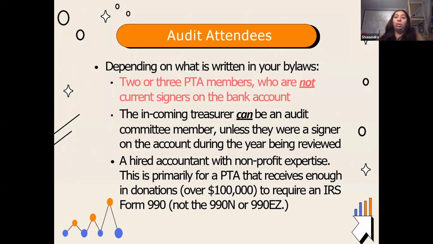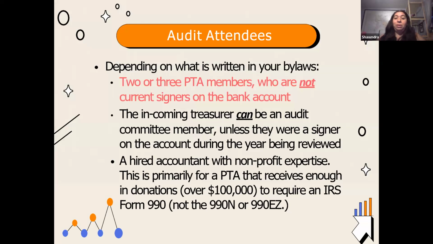The incoming treasurer can be an audit committee member unless they were a signer on the account the year before. So if somebody's going from vice president to treasurer, or vice versa, from one signing role to another signing role, then they cannot count as 2 or 3 non-signers.